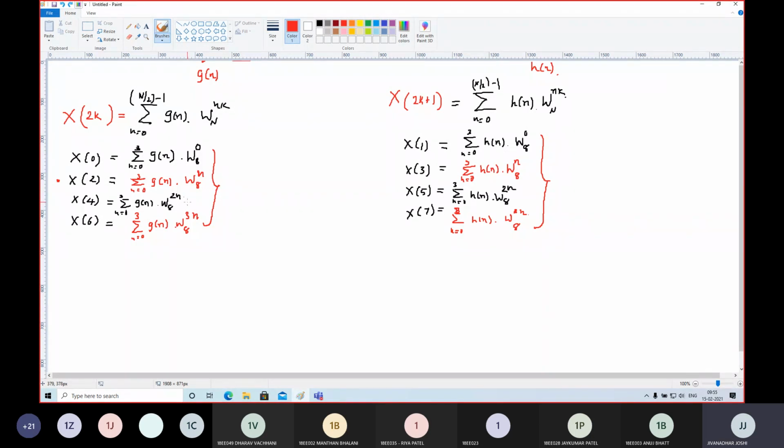Of course, if you know what should be derived, what is the final form of the derivation, then probably you will be able to judge at which point you have done the mistake, or whether I have made any mistake in the derivation or not.